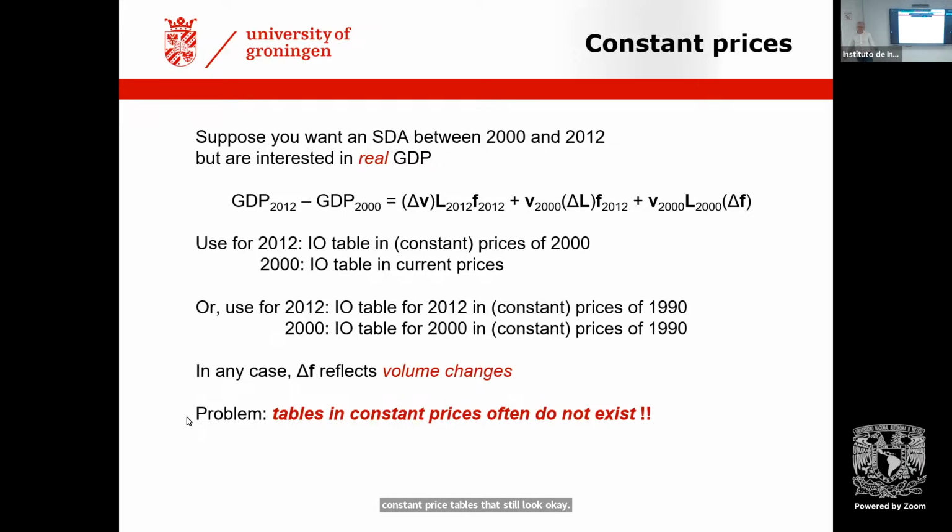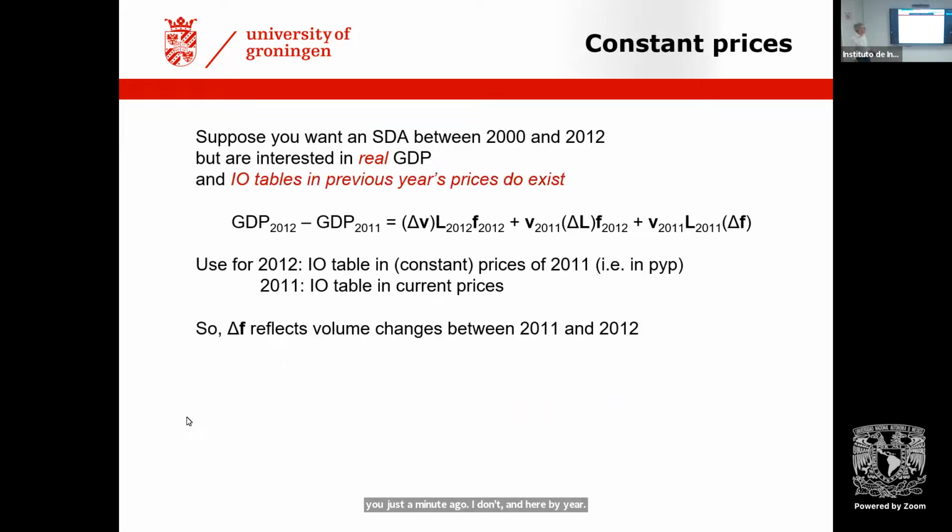So what we did, we said, okay, maybe part of the reason is that these years are pretty far apart. That could be a reason. So let's try to do exactly the same procedure, double deflation, year by year. That is what, in our case, are the input-output tables in previous year's prices.